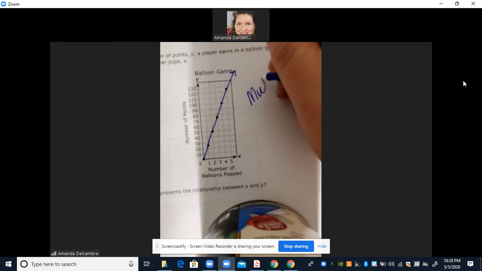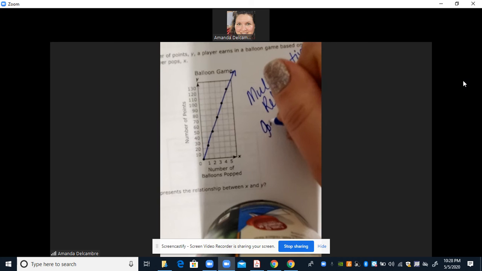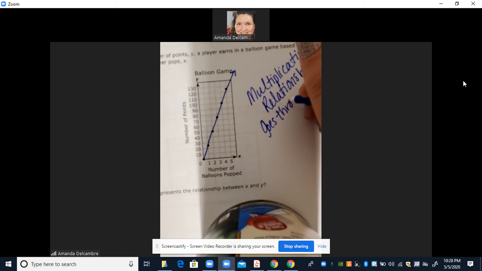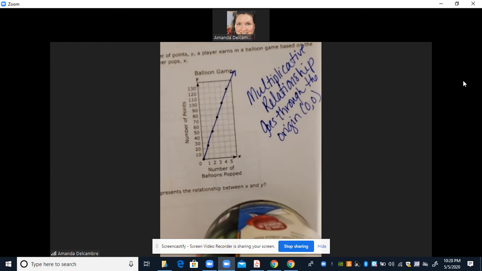So this is a multiplicative relationship because it goes through the origin. It goes through 0, 0. So we know it's multiplicative.